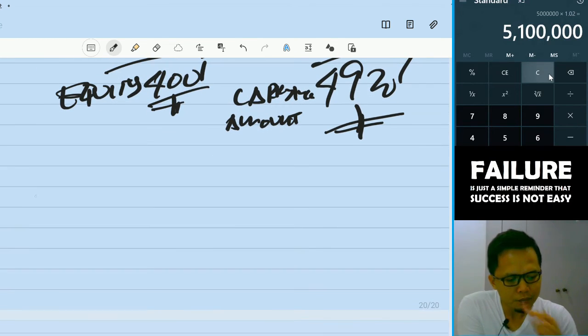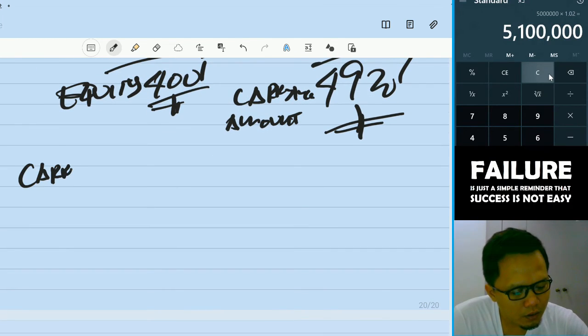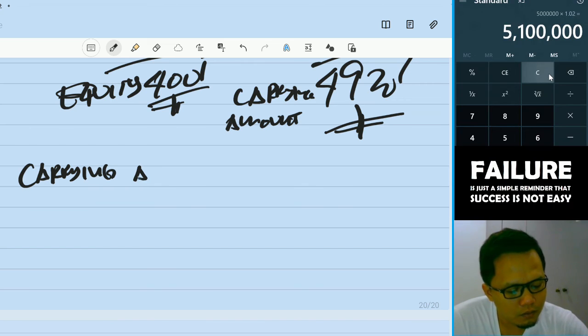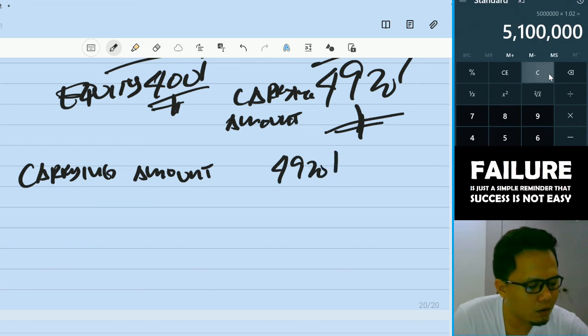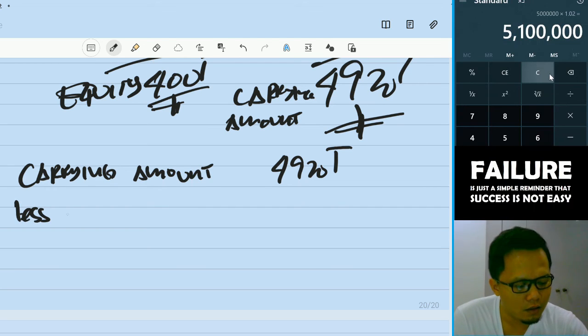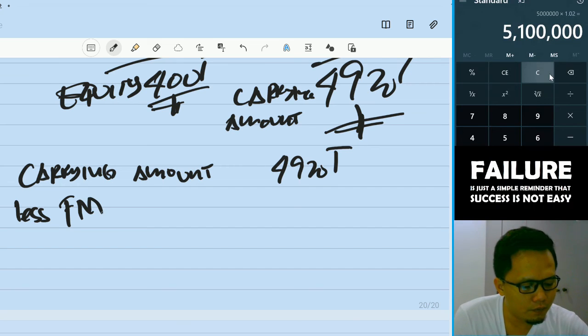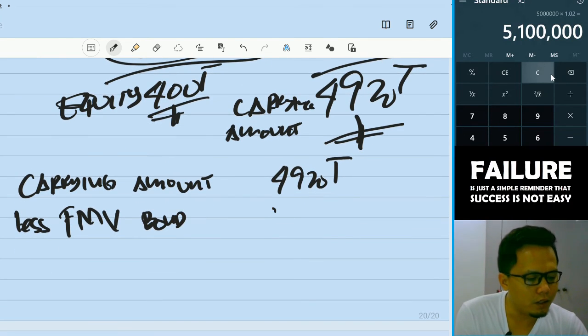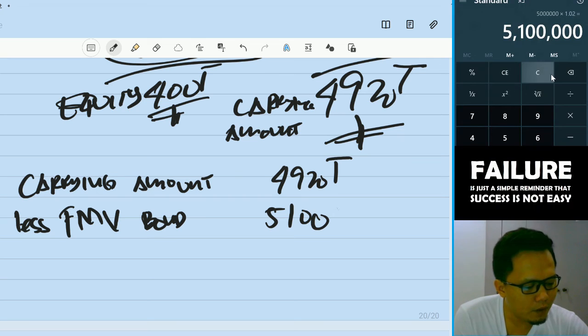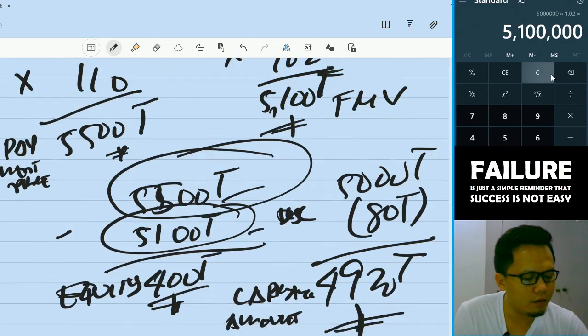Now, carrying amount, 4,920,000, less the fair market value or the allocated price for the bond na 5,100,000.